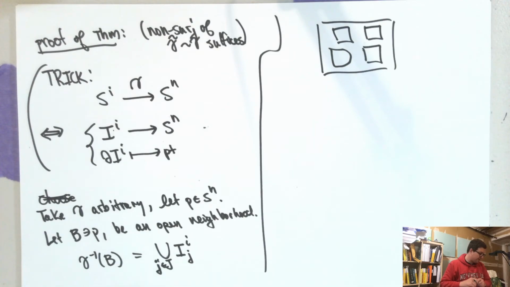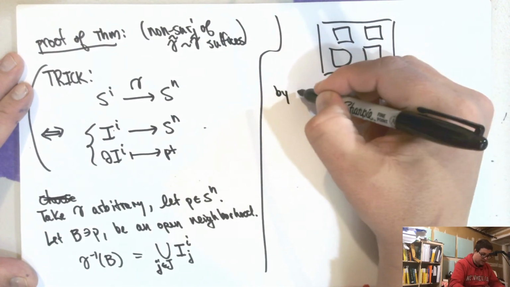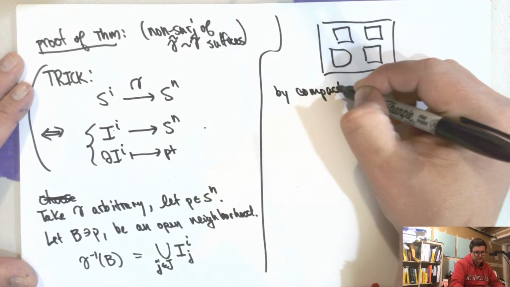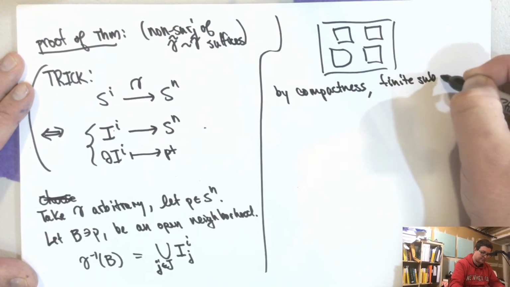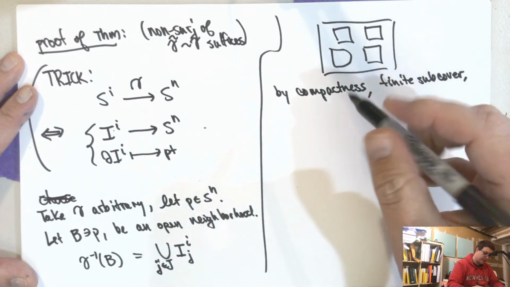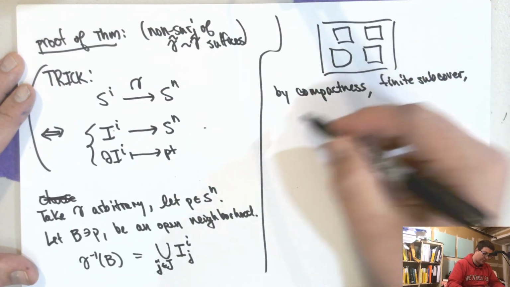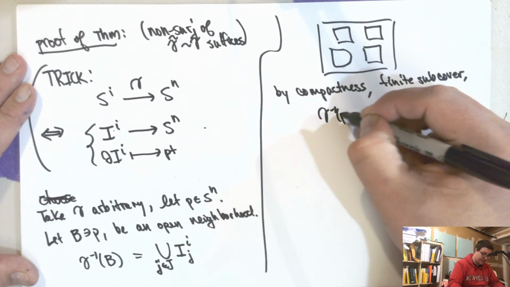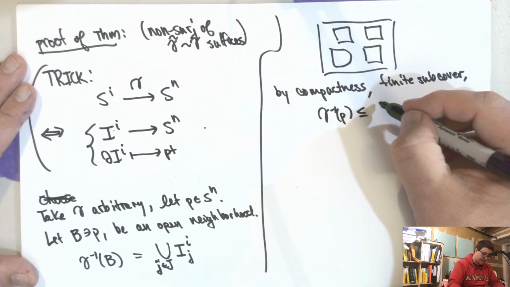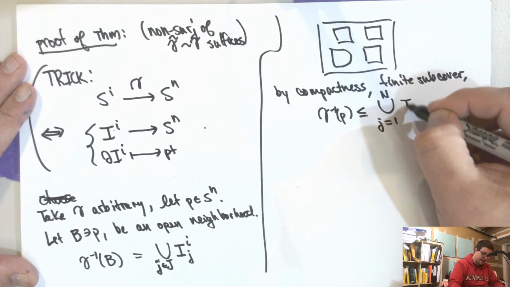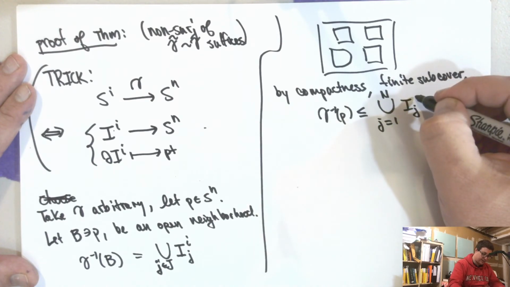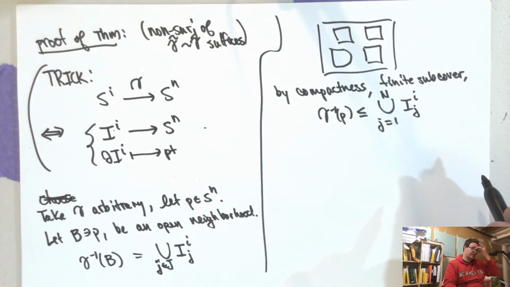And so by compactness, we still have a finite subcover. And so for p, gamma inverse of p is going to be contained in the union from j equals 1 up to some finite n of these intervals of dimension i, those cubes or rectangles or whatever.